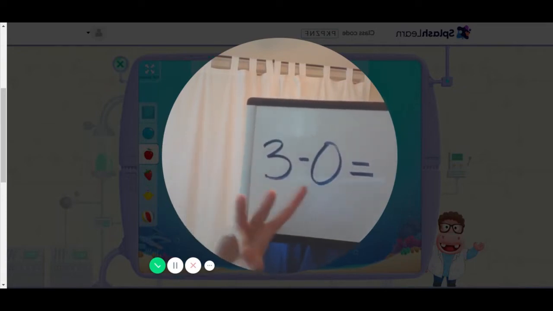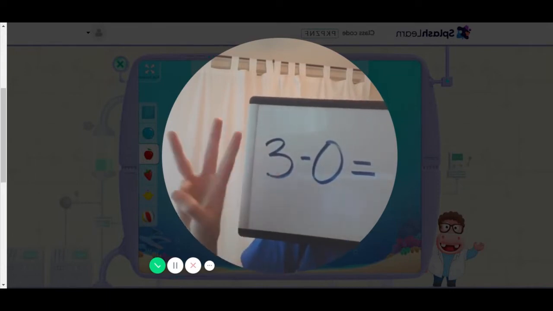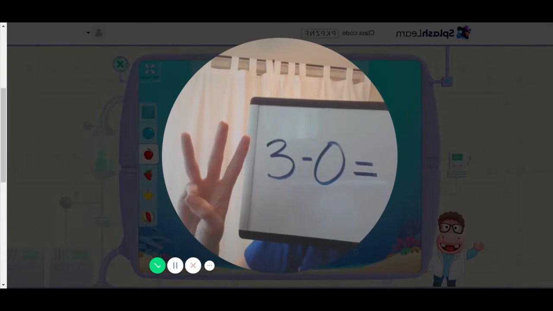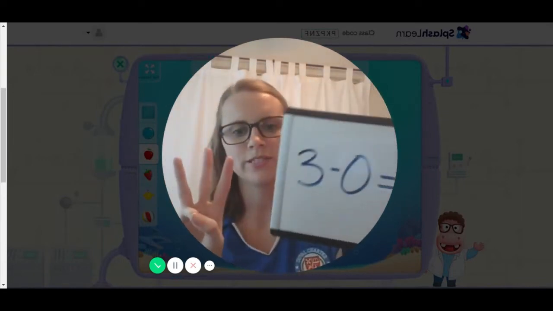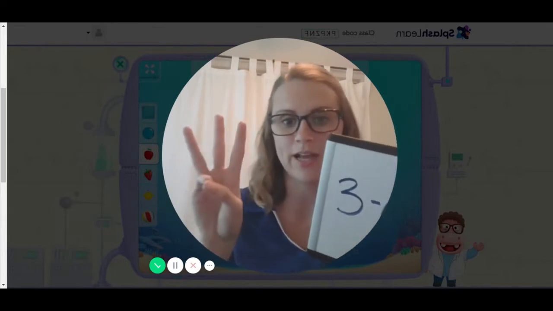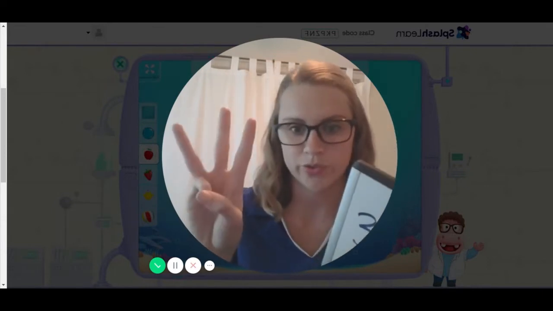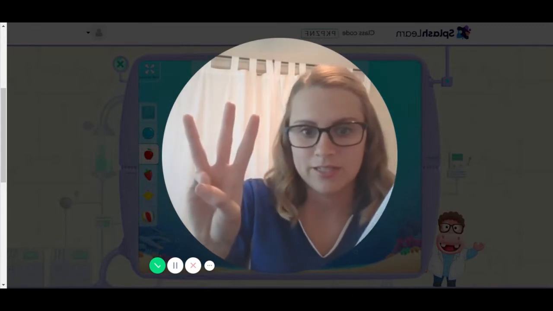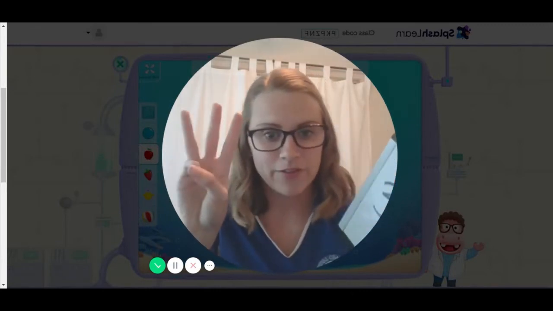Now I have to take away how many? 0, which means I'm going to take away no fingers at all. Which means I don't take away 1, 2, or 3. I take away none. So I still have 3 fingers, right? Because 3 minus 0, I'm not going to take any away, equals 3 still.